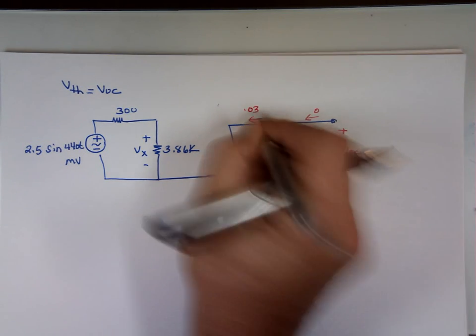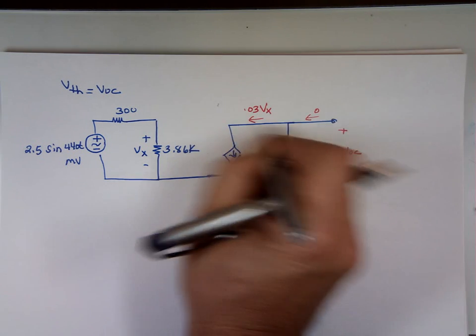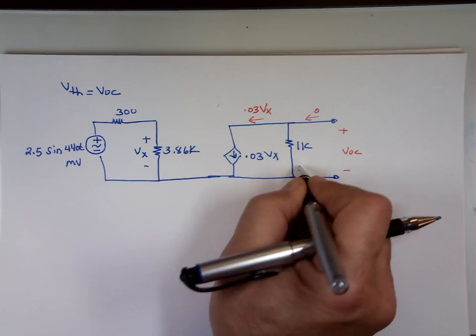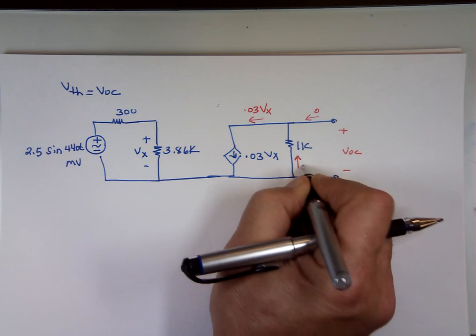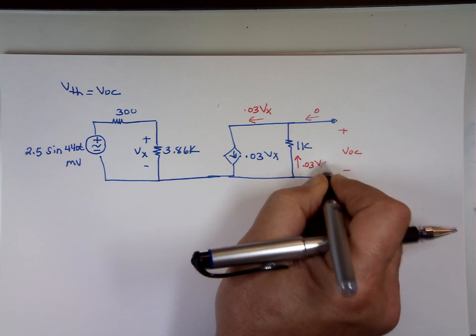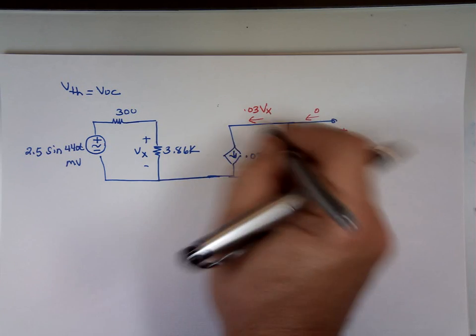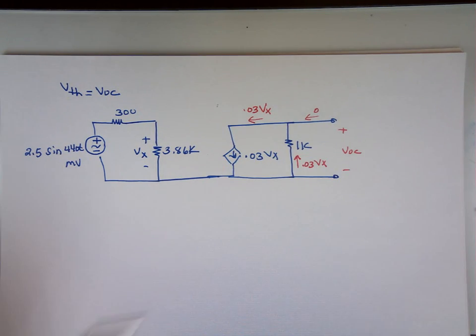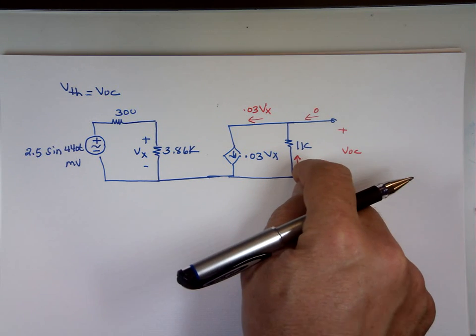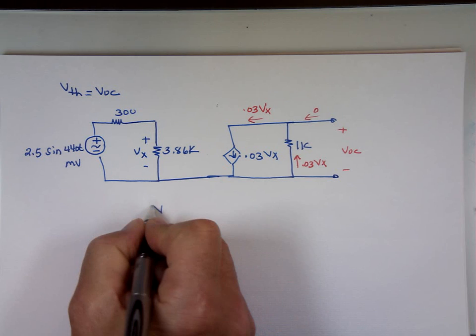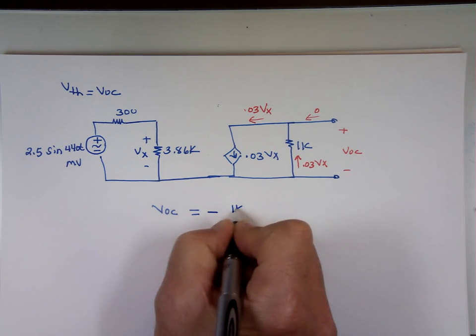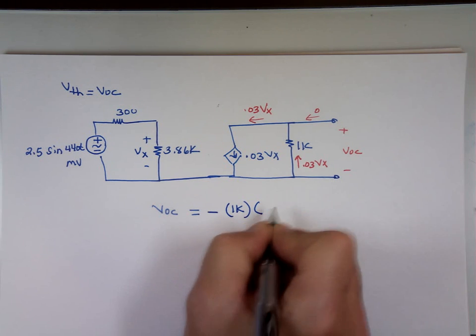It's only one branch. If it's 0.03 going this way, where is it coming from? It's coming from here. So that current is actually circling right here. It's going to make V open circuit negative, not positive. Plus on the bottom, minus on the top. So V open circuit is going to be negative 1K times 0.03 Vx.